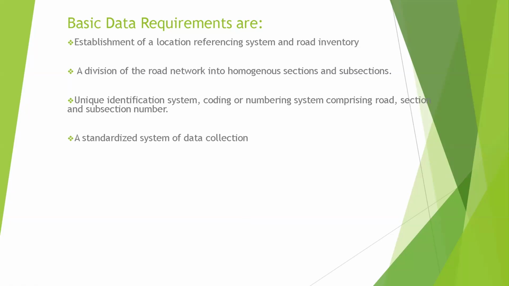Now, the road is divided into homogeneous sections and subsections because we are going to collect data. So a dual carriageway and a single lane carriageway cannot have the same data collection. So we try to fragment the whole network into homogeneous, uniform sections and subsections, and data is collected on these so that we can have informed data to input into the software.